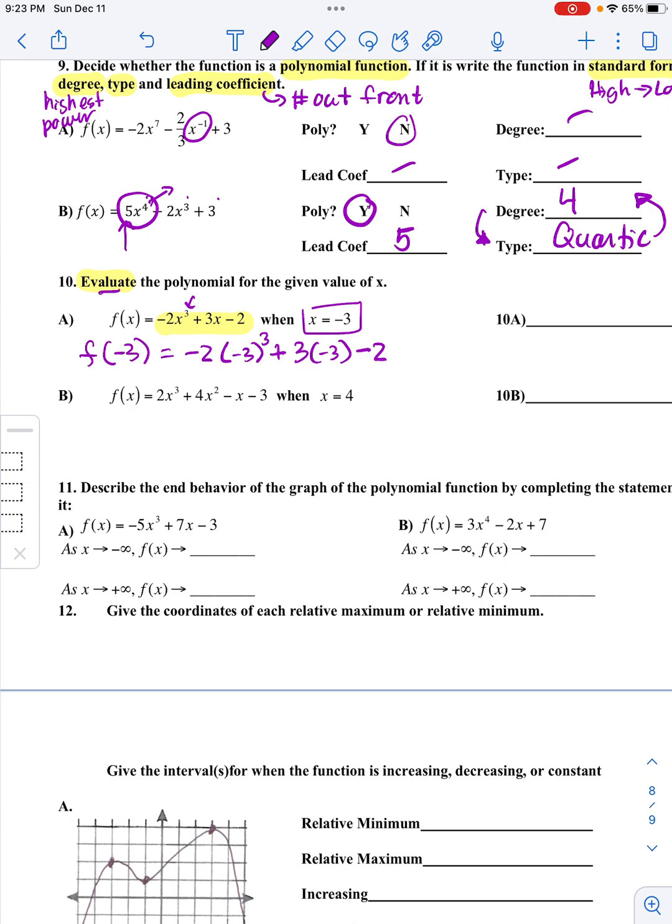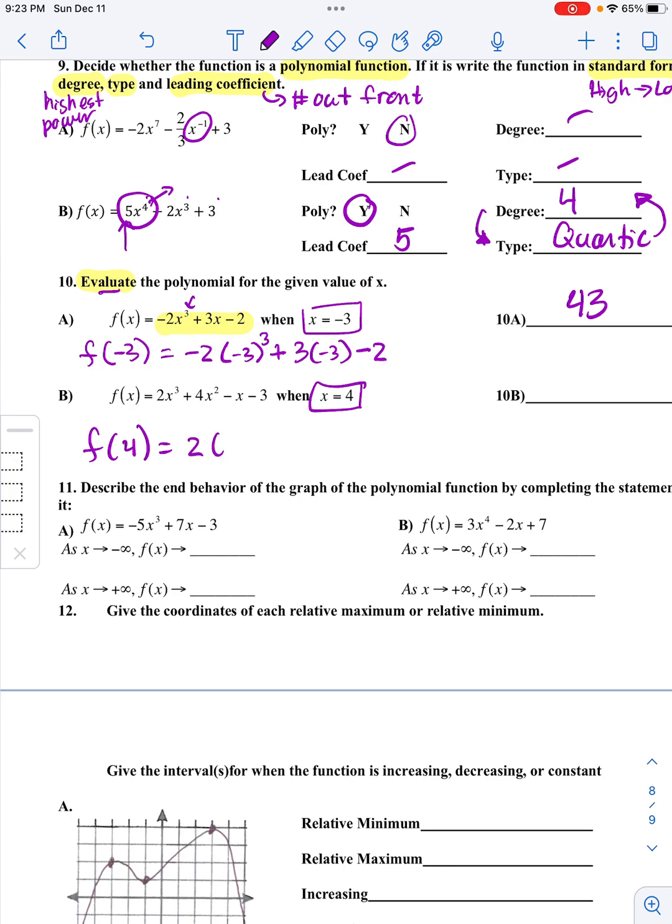I am just putting this through. I know the answer key has an answer, but I want to double check it. Okay, I got 43. Here I'm putting in a 4, so the test will say f of 4.